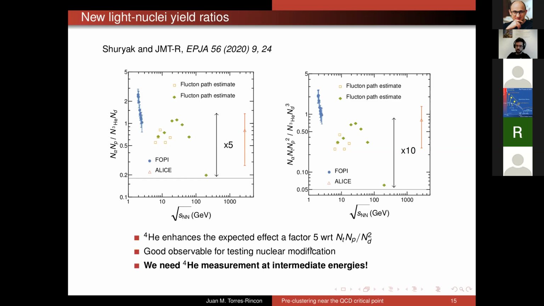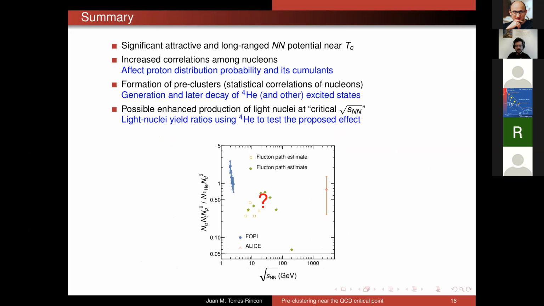We have the results for deuteron and Triton at RHIC as well, and from the NA49 collaboration, but we also need measurements of helium-4. So this brings me now to my summary. The main idea is that there might be significant attraction and long-range interaction between two nucleons close to the critical point.